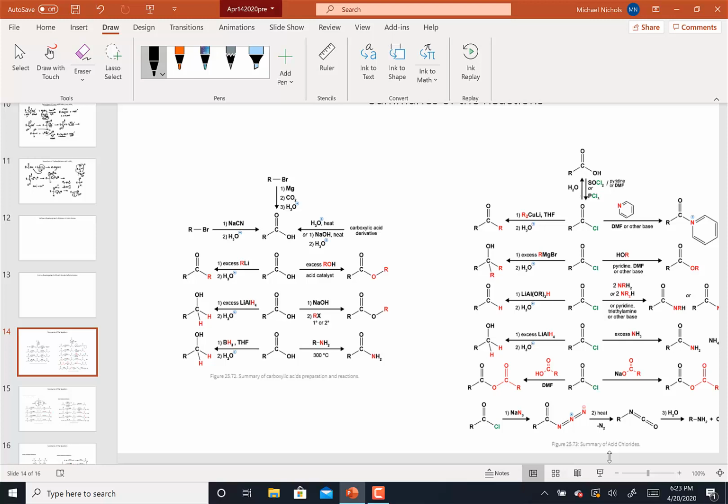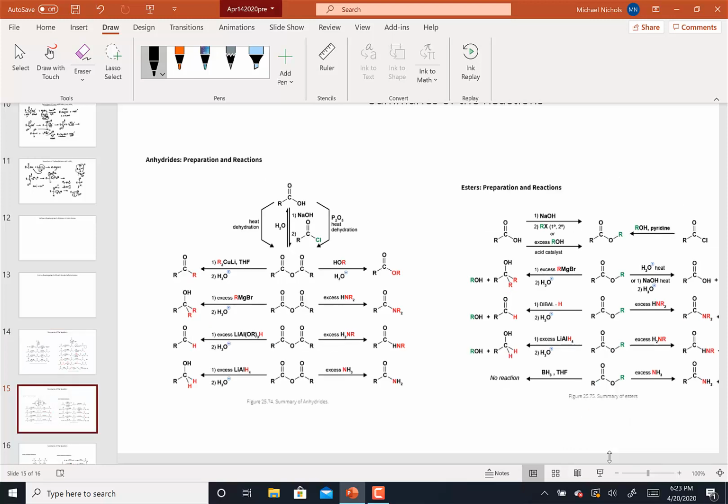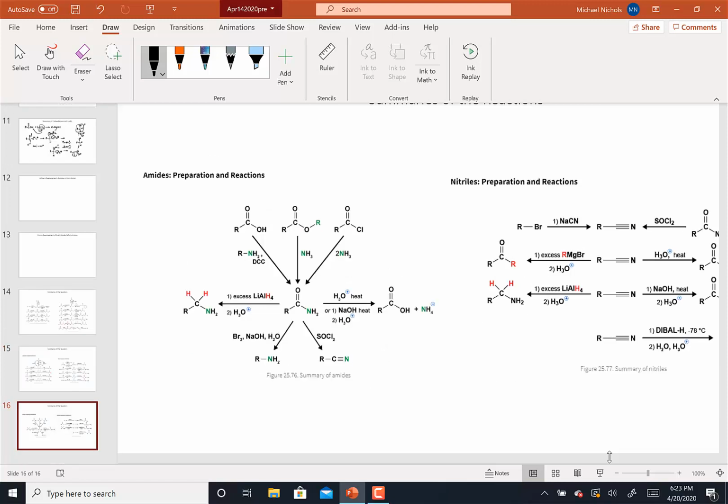These I copied and pasted. There are 3 slides' worth of reactions that we've learned, summarized in the last 3 slides here, which I will keep in. In the next lecture we will do the Curtius rearrangement and the Hofmann, and then we will move into chapter 26, which is the last chapter of the semester.